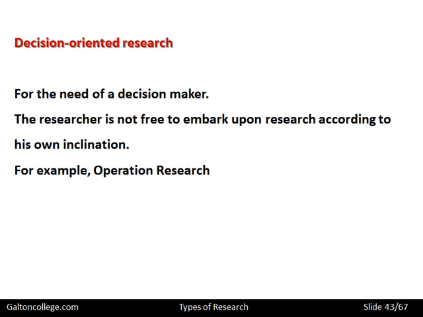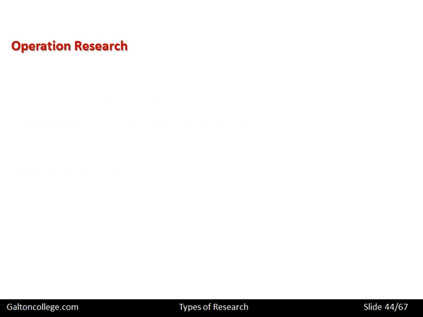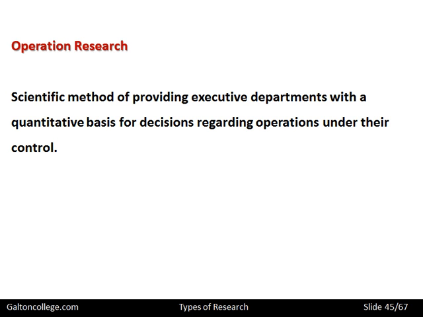There are examples of techniques that are used here. For example, operational research or operations research. These are scientific methods of providing executive departments with quantitative basis for their decisions regarding the operations under their control. In the literature, there are many mathematical techniques that may be used which may help decision making.